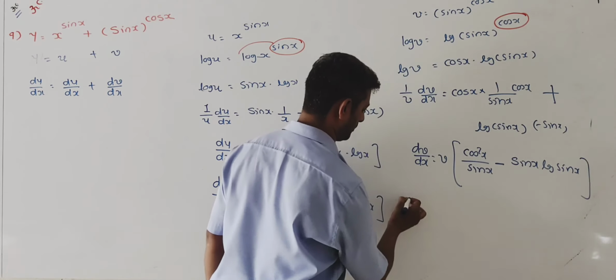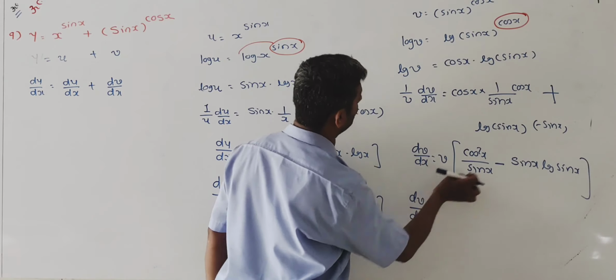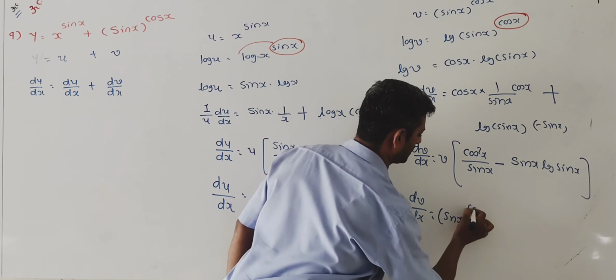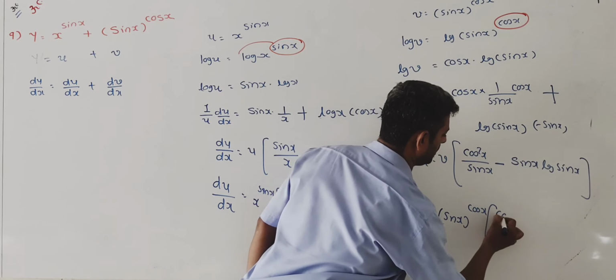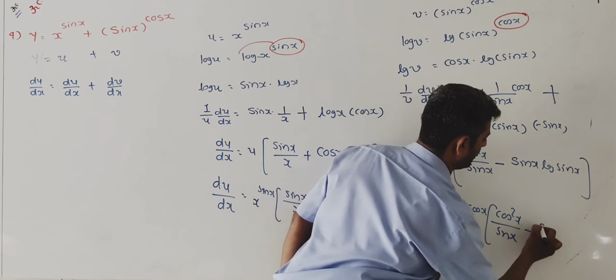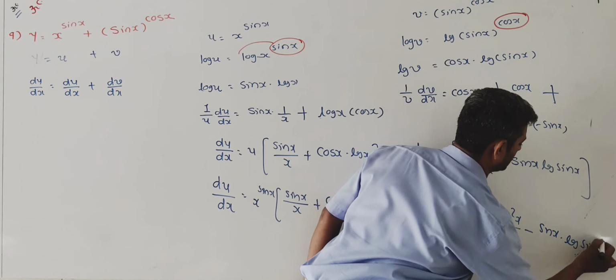The value of v is sin x raised to cos x, so dv by dx is sin x raised to cos x into cos square x upon sin x minus sin x into log sin x.